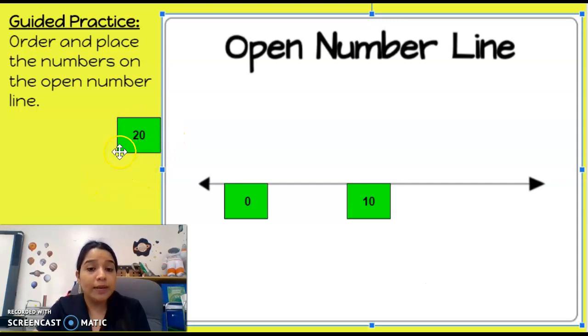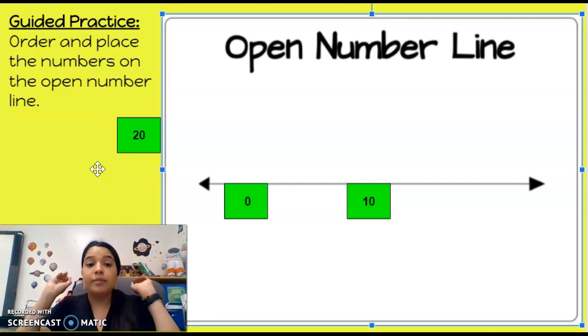Before we move to 20, what is 10 plus 10? Let's count it out.